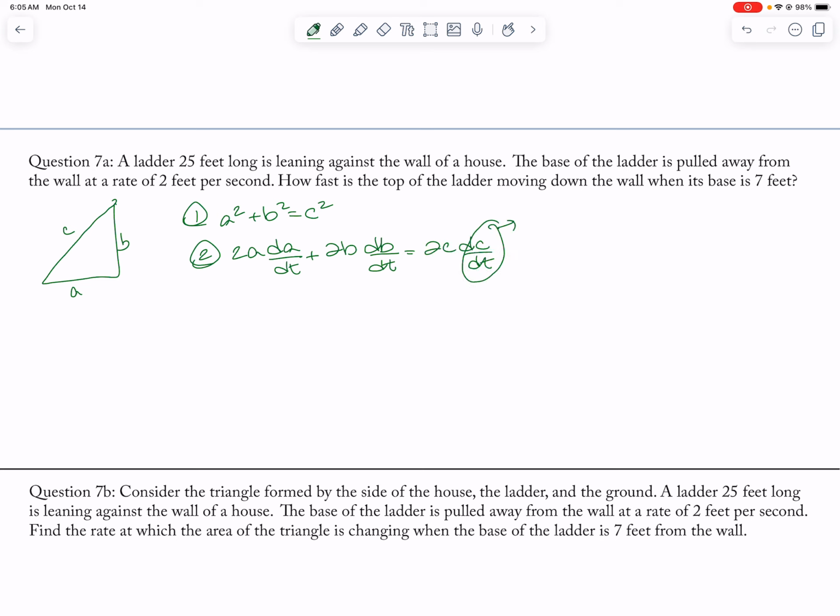This is the rate of change of the length of the ladder. Does the length of the ladder change? No, so that's going to be equal to 0. This dB dt, the ladder is going downwards. So this dB dt in the end better be a negative value because the distance of your B is decreasing.